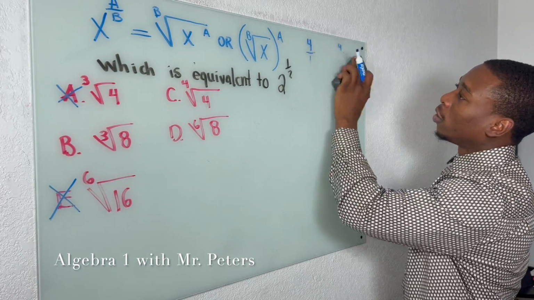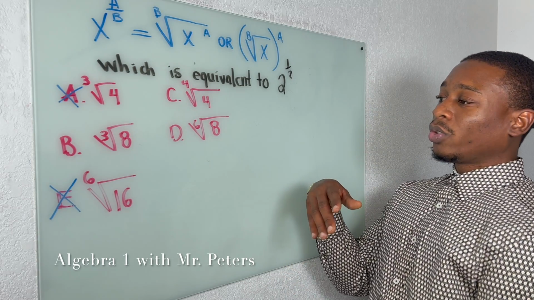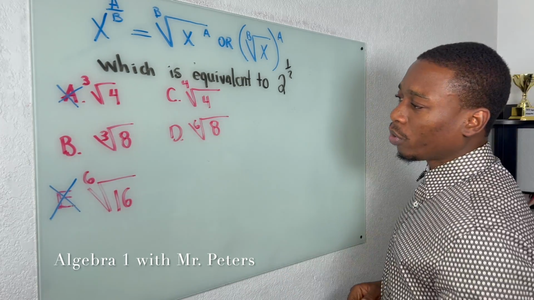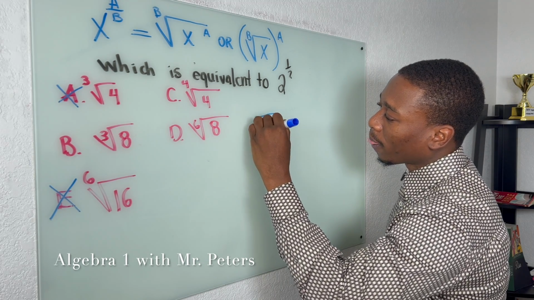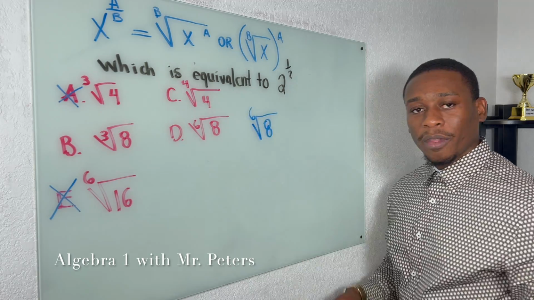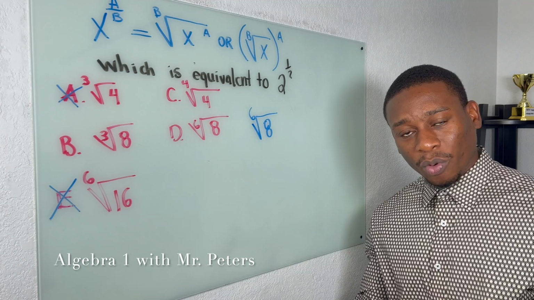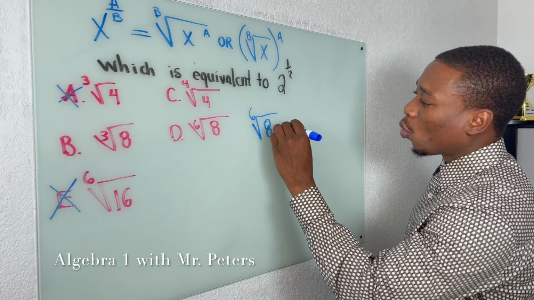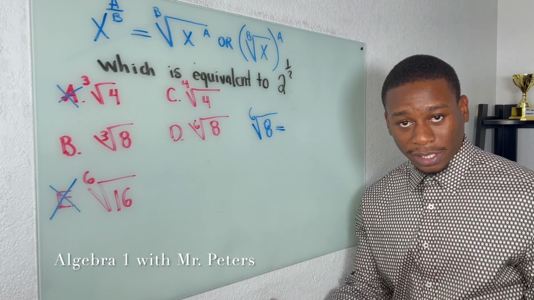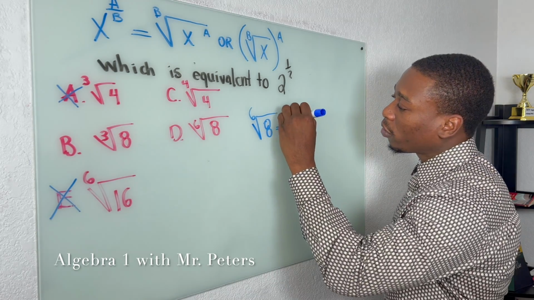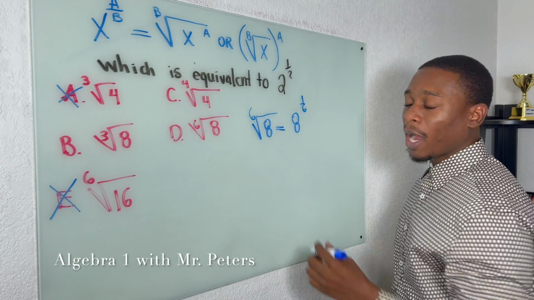All right. So in our next answer choice now, let's do the 6th root of 8. So when it comes to this one now, guys, same thing. Anytime they're asking if something is equivalent, you want to rewrite that number with the same base. So when I look here, 2 to the 3rd power is the same thing as 8, right? So we first start off by rewriting this 8 to the 1/6 power.